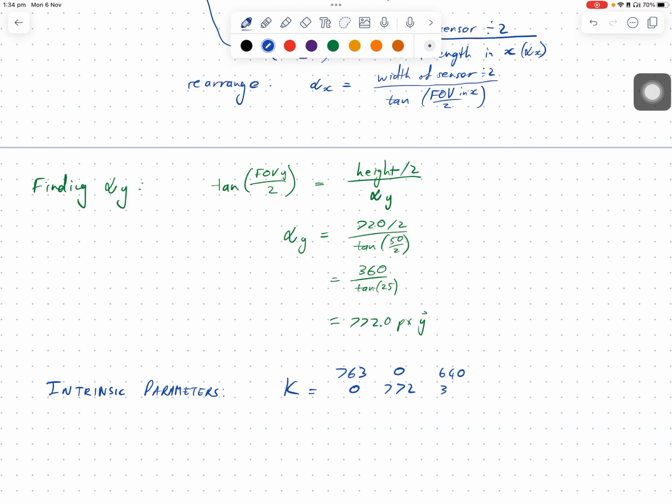So 640, 360, 0, 0, 1. And there you have it. The intrinsic parameters are done.